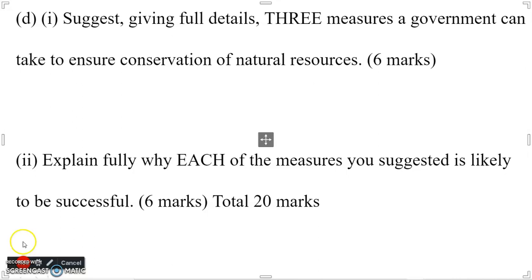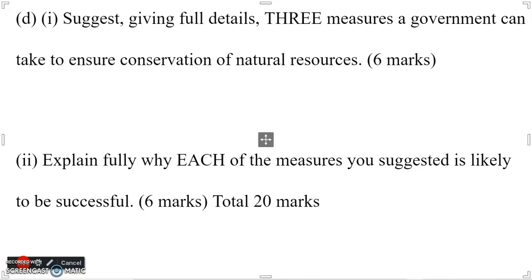Now, what can the government do to ensure that these resources are conserved, that they will not only serve our generation, but our children, our grandchildren, our great great grandchildren, right? And another point, remember, when we talk about natural resources, we are also referring to physical resources. So if you see the term physical resources, it's the same as natural resource.